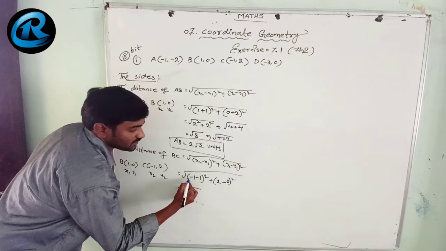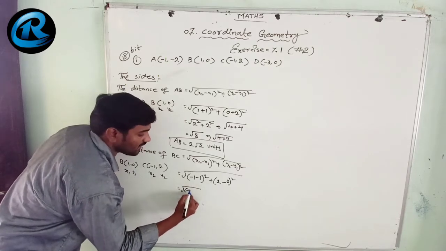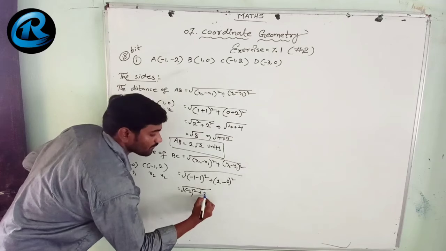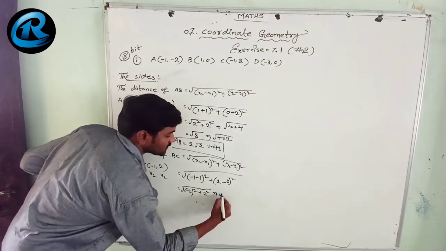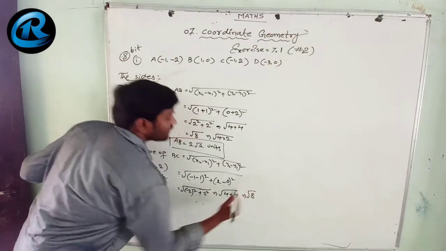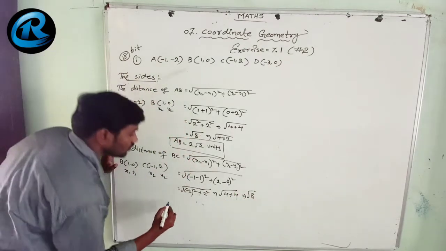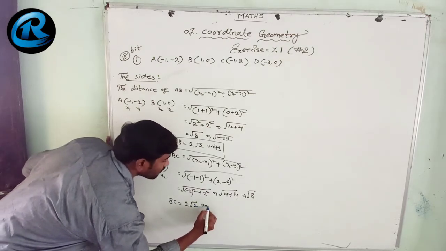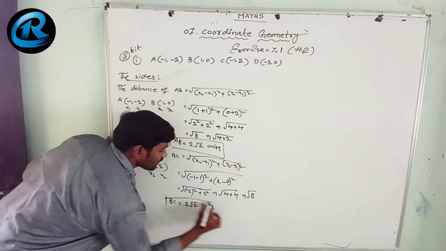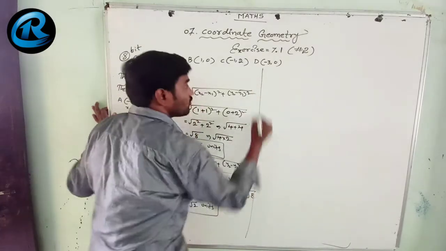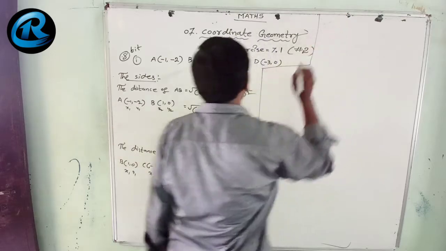Now minus 1 minus 1 is minus 2 whole square plus 2 minus 0 is 2 whole square, that is 4 plus 4, that is under root of 8, whose value is 2 root 2. Hence BC equals 2 root 2 units.